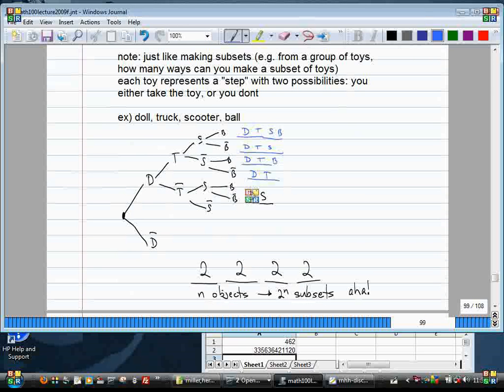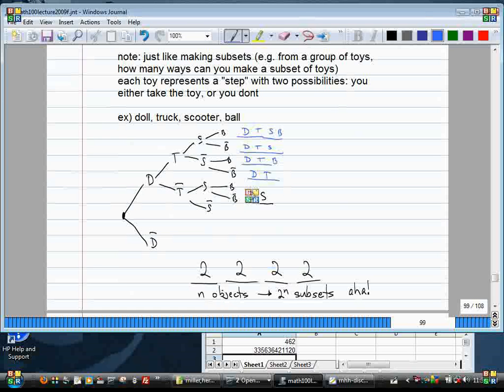So if you recall, what we originally said is that n objects has 2 to the n subsets, if you think back to week 1 or whatever it was. Well, now we've in a sense proved that. We've shown why this is true. Instead of just doing a couple different examples and me giving you a formula, we've actually shown why this is true.